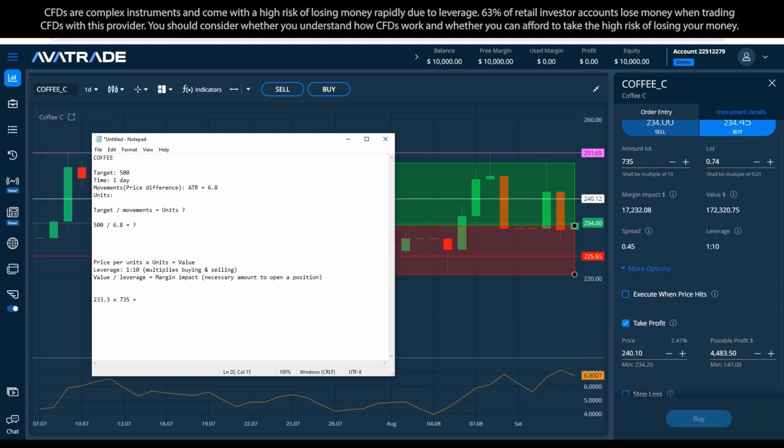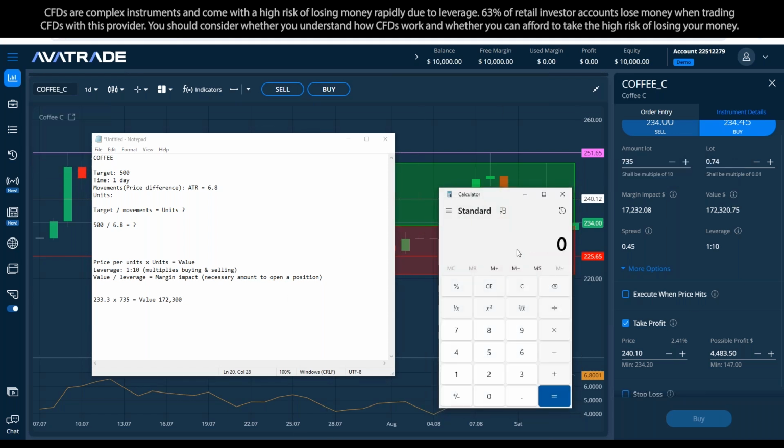But let's suppose that the value here is 172,000. Danny, how did you do the calculation so fast? I didn't. It's written right here. But just for the sake of the example, okay, if I'll go precise with what's after the decimal, we're going to get this exact number. All right, the leverage here is 1 to 10, as we already saw.